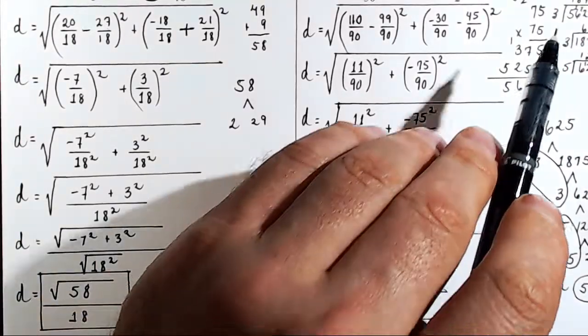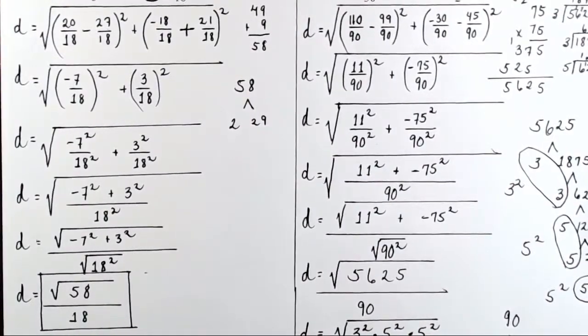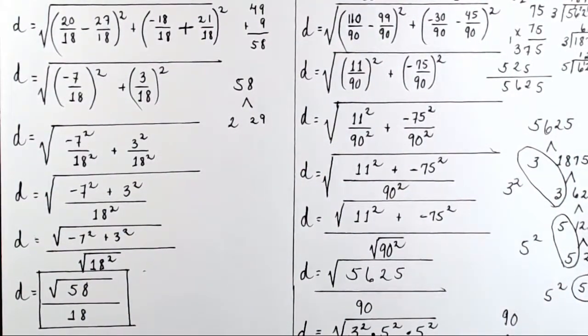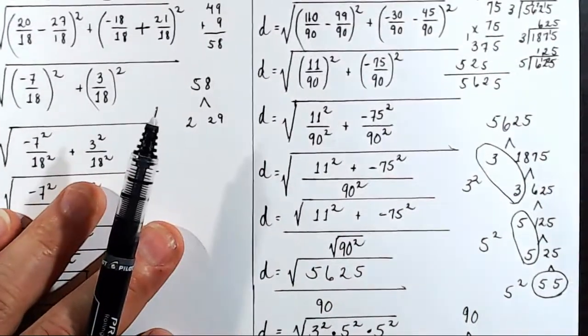Okay, so 75 times 75 is 5,625. And let me verify that 5,625 is in fact this. So that's 3 times 3 times 5 times 5 times 5 times 5. 5625. So we broke this down correctly.